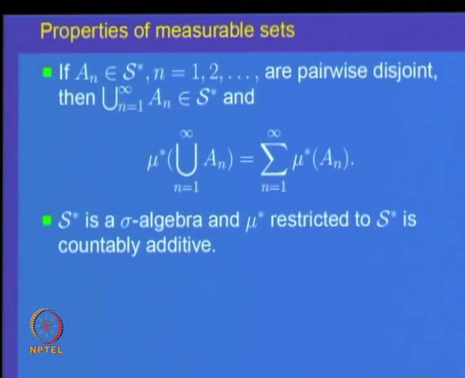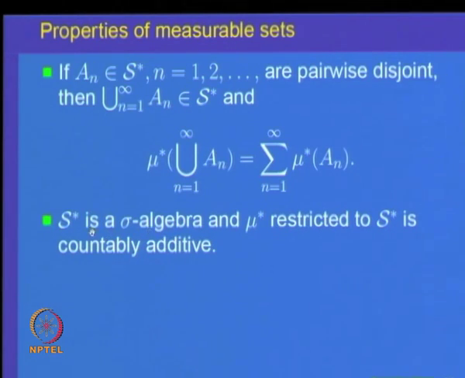So, we started with a measure mu on an algebra A of subsets of a set X. We defined an outer measure via this on all subsets of X. Then we picked up a subclass, namely S star, of sets which are mu star measurable, and we have shown that mu star, which in general is countably subadditive, is actually countably additive on S star, the sigma algebra of measurable sets.